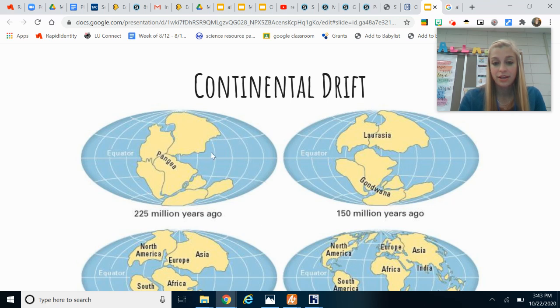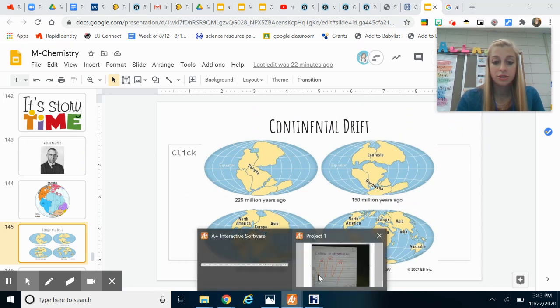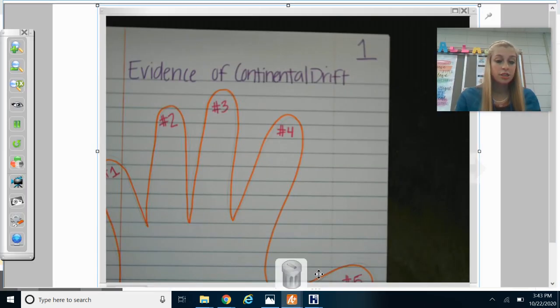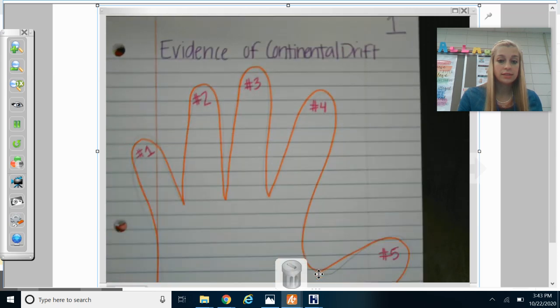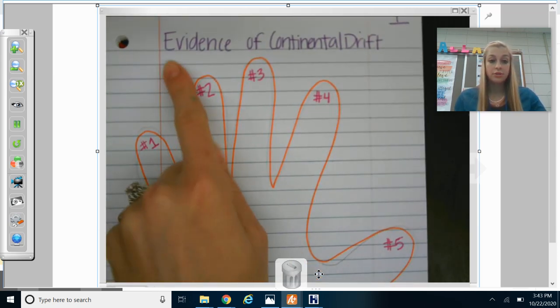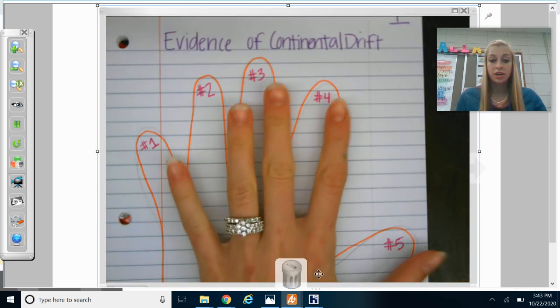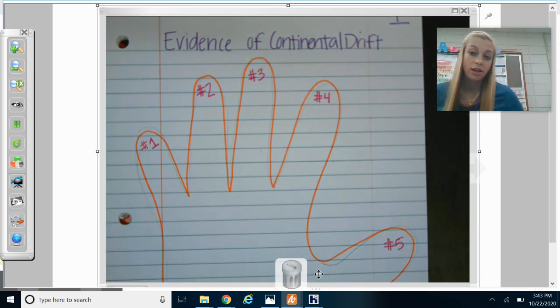Now we are going to, come on, computer. All right, we are going to complete our notes. So what you want to do is pause this video and title your notes Evidence of Continental Drift on page 1, and then trace your hand. You can do it in pencil. I just like colorful pens.